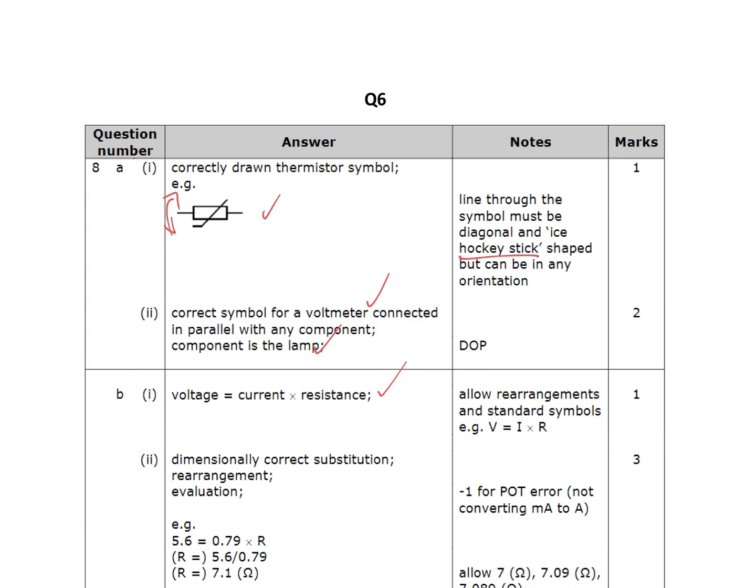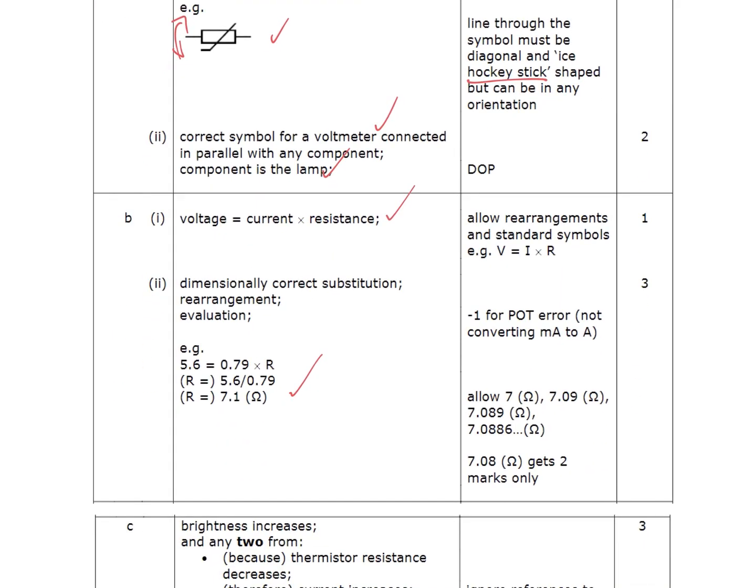Dimensionally correct substitution and rearrangement, giving us 7.1, yes. And interestingly there, it did say to remove 1 if you didn't convert the milliamps to amps. It's allowed quite a lot of different values in there. But try and make sure you round it to the right number of significant figures.